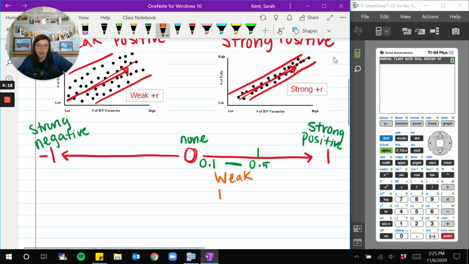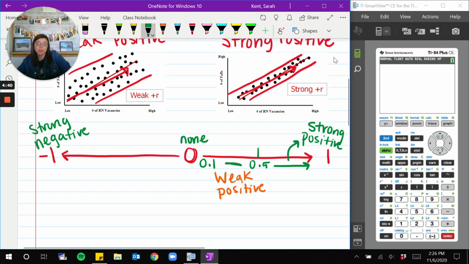And again, this side, these are all positive. And then if it's anywhere from 0.5 up to 1, these would be our strong positive. The closer to 1, the stronger it is.